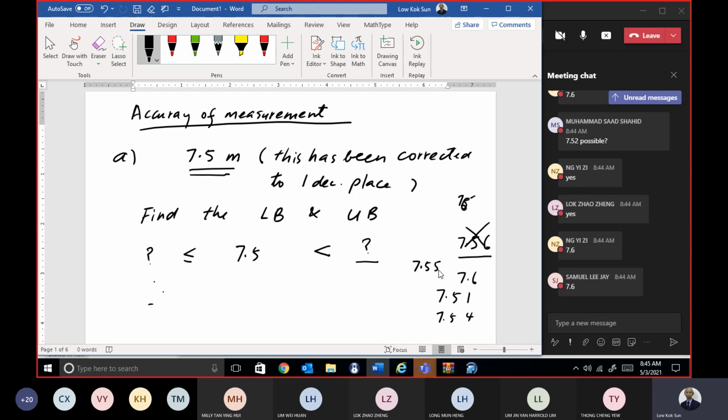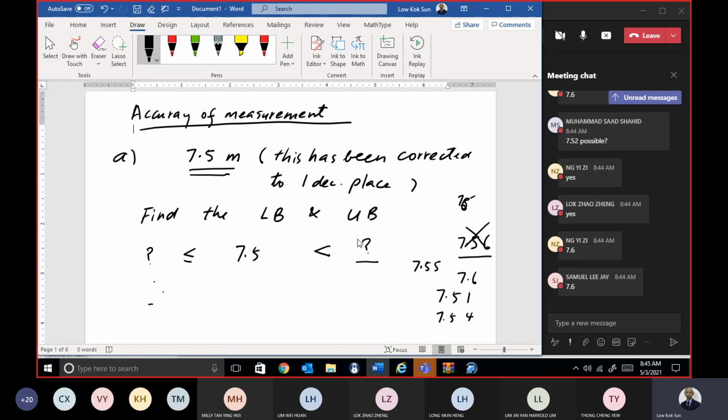So there is this controversy. There's a mathematical convention: when you reach a certain point, it automatically rounds up to the right hand side. In order to avoid this confusion, the other day I put down until 7.55.